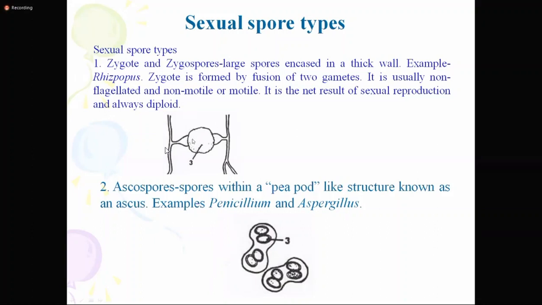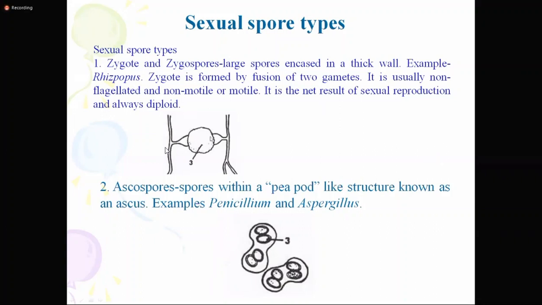So this is called zygote. You know zygote, maybe you studied it in your undergraduate or HSC. When two different gametes come together and form a structure, it is called zygote. Maybe the zygote directly acts as a spore and directly germinates to produce a new individual.